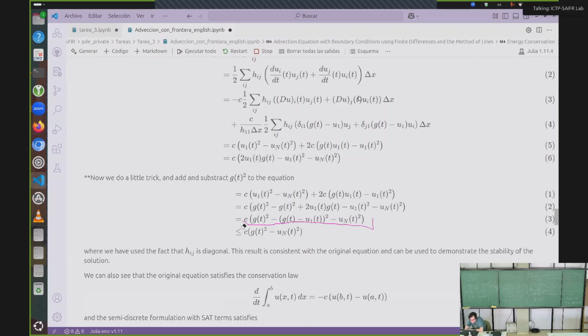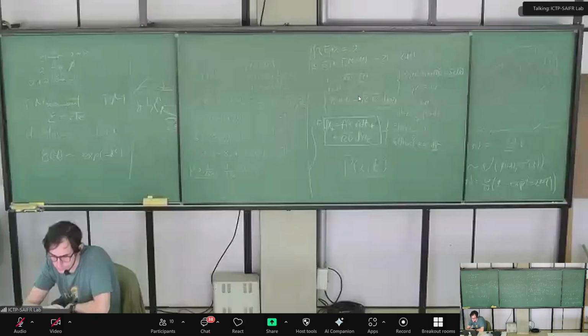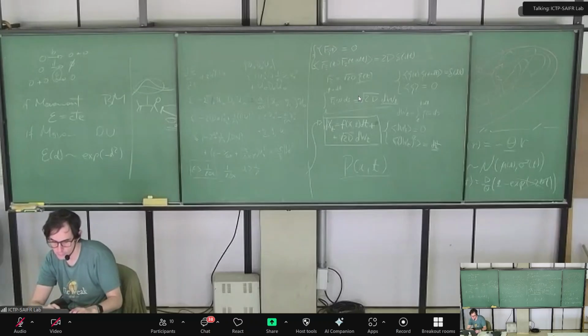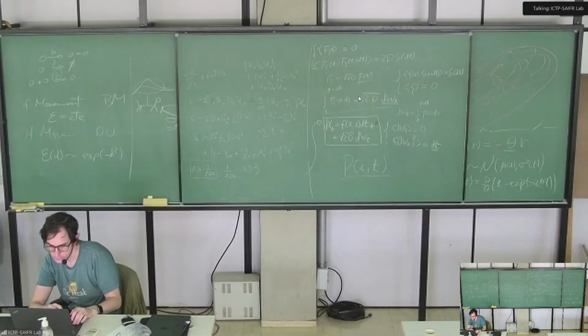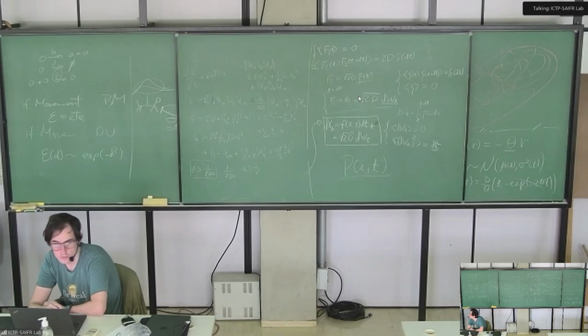And here, let me see, maybe I need to correct this. So one of the two is actually wrong here, because there is a 2-factor missing. So let me check these equations later on, but essentially what we will have is exactly the same minus some term that is very close to 0.